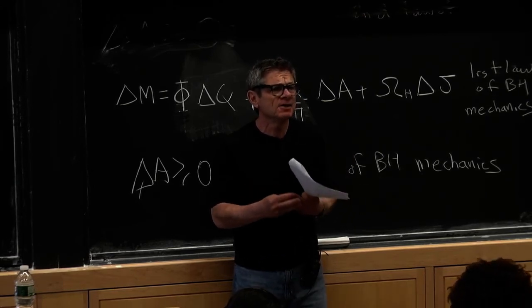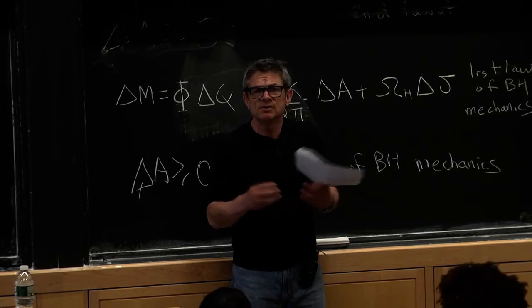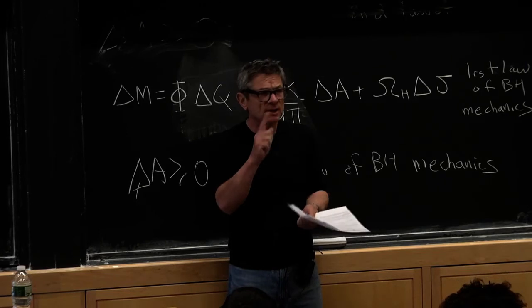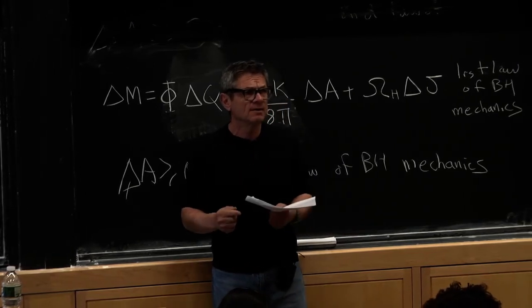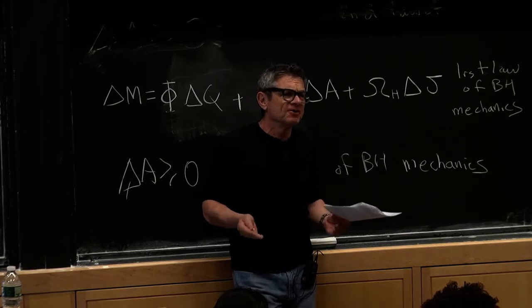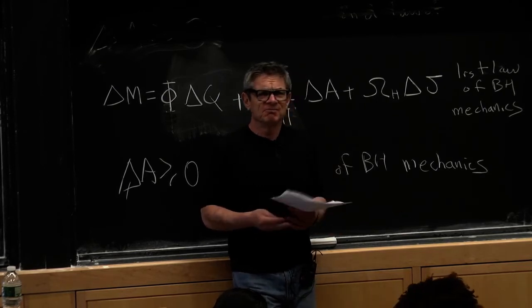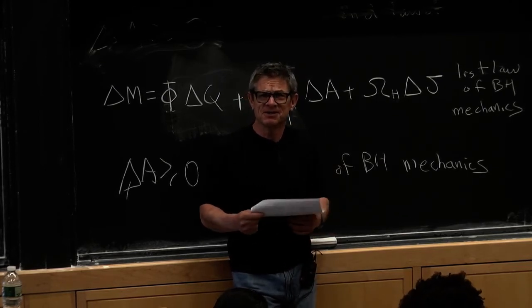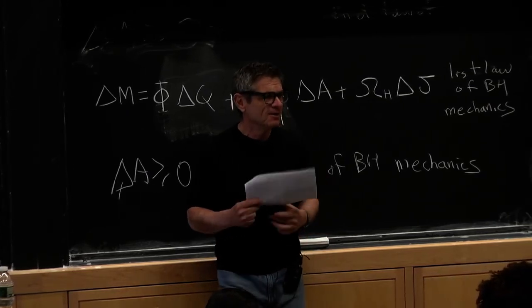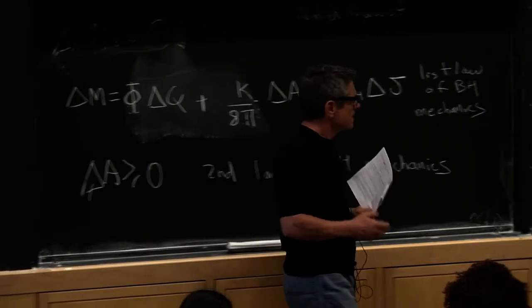You can't have any stationary solutions with any kind of higher multipole moment. The only thing that you can have is the spin, and that's certainly far from obvious when you first write down the equations. It's not a trivial thing, but it is a mathematical theorem.